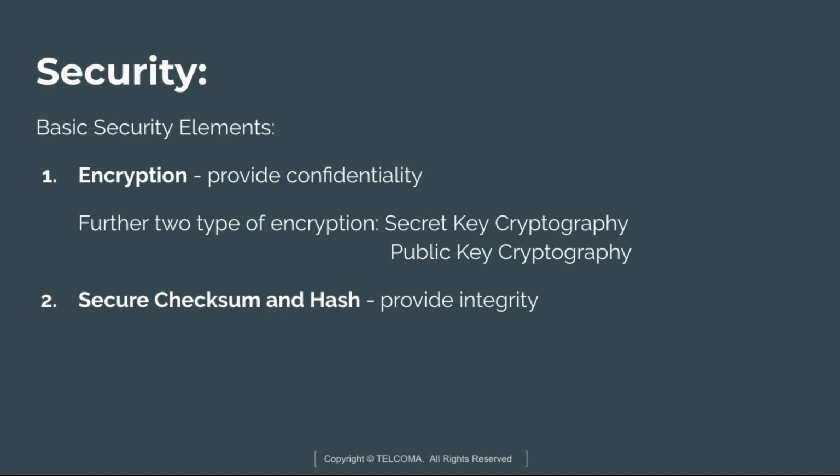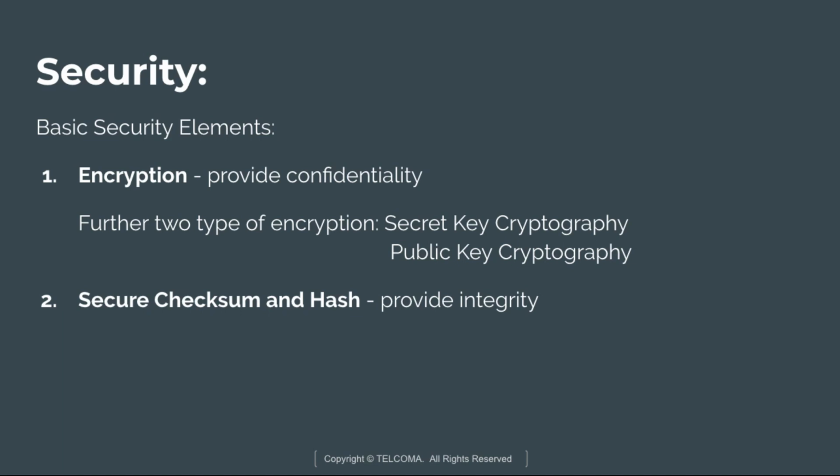Using asymmetric cryptography, a message can be signed with a private key, and then anyone with the public key is able to verify that the message was created by someone possessing the corresponding private key. Examples of this are the ElGamal algorithm and ECC, that is elliptic curve cryptography. So these are examples of public key cryptography.